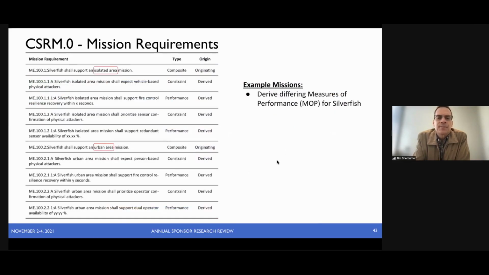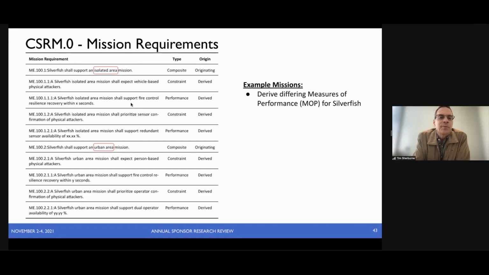Since this is a hypothetical system, we created a couple of different missions for Silverfish, based on where it's deployed, whether an isolated area or more of an urban area. An isolated area is more likely to involve vehicle-based attackers, and vehicles move faster. So the measures of performance for the isolated area mission might expect faster moving vehicles.